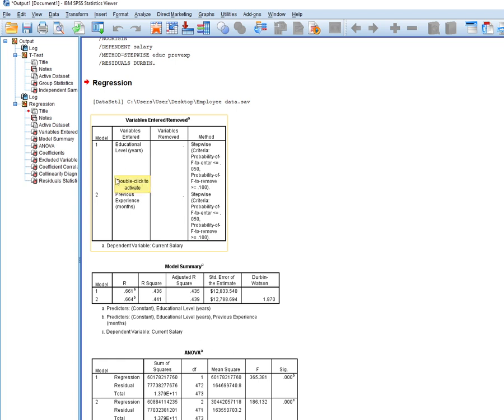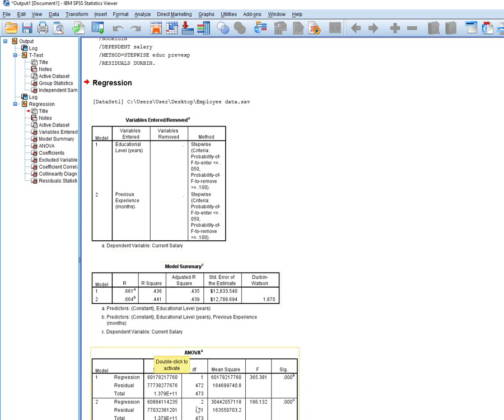they're saying the first model is on education. That means education was entered as the independent variable, and then the second model is now with previous experience. On the model summary, this is where you get the coefficient of determination. Again, I'm getting results based on the model.